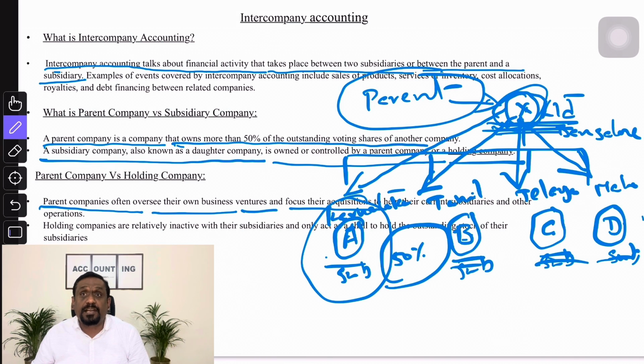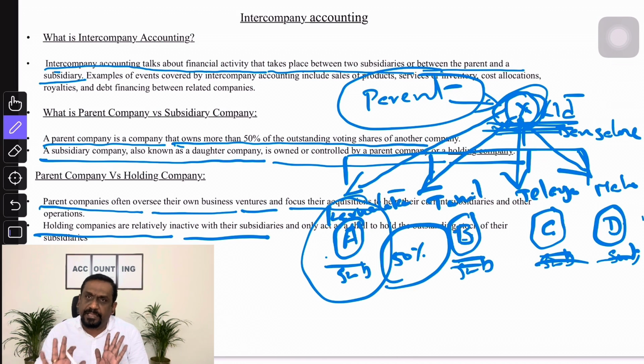They help these subsidiary companies. They oversee their business. They help them when they are in need. But holding companies are relatively inactive with their subsidiaries. They generally don't get into the business of subsidiaries. They invest and keep quiet. They are inactive in terms of managing the operations of subsidiaries. So that is a slight difference between a parent company and a holding company.